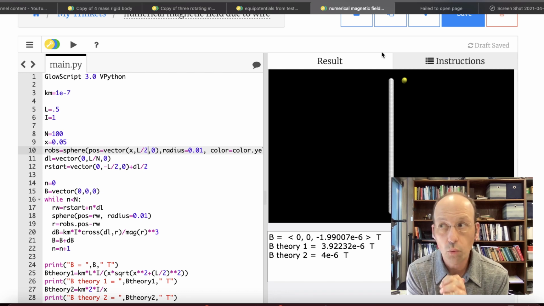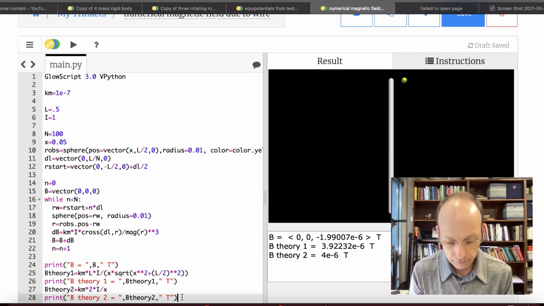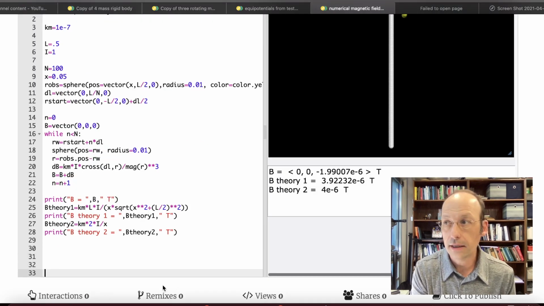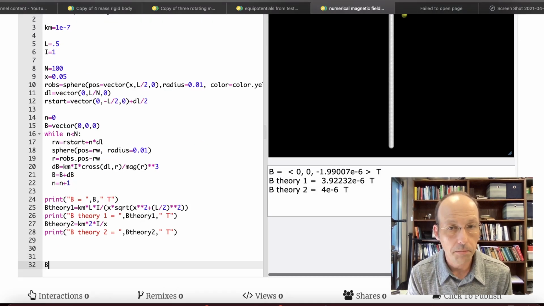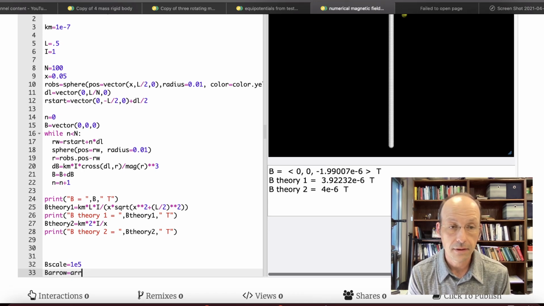Okay, let's do one more thing. I'm going to say B scale equals 1e5. And then I'm going to say B arrow equals arrow. Position is equal to obs.pos.